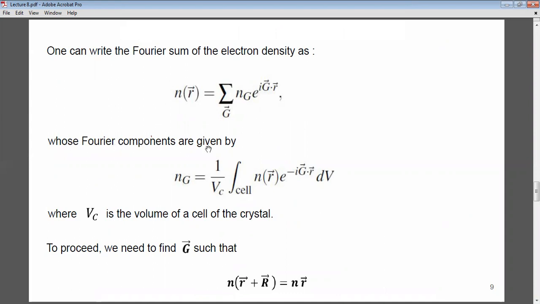Whose Fourier components N_G are given by 1 over VC, the integral over the cell of N of R e to the minus i G dot R dV, where VC is the volume of a cell of the crystal. To proceed, we need to find this vector G such that N of R plus R equals N of R.